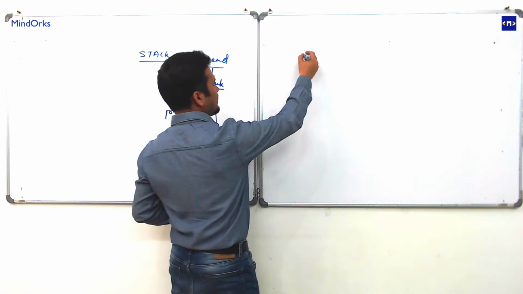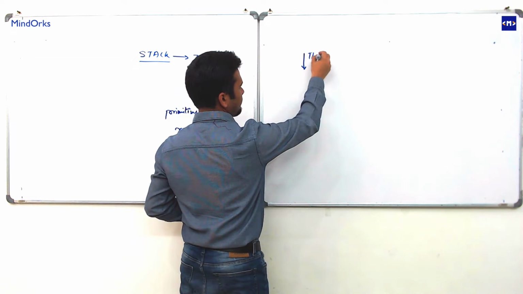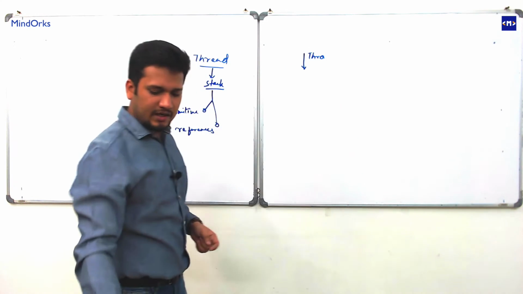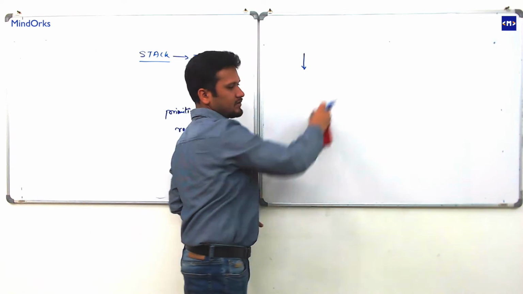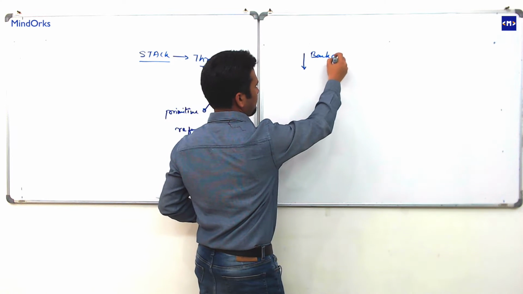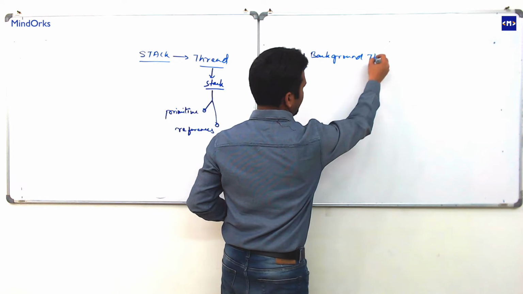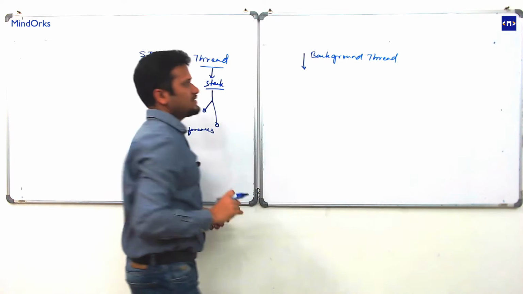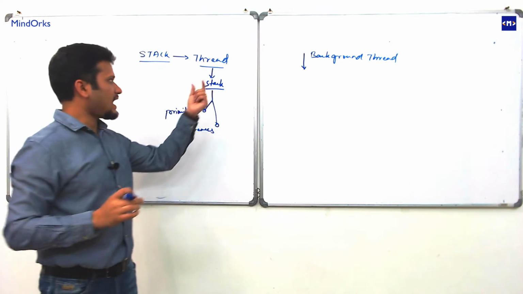Suppose one thread is running, some background thread you have created, and this thread is allocated a stack memory.